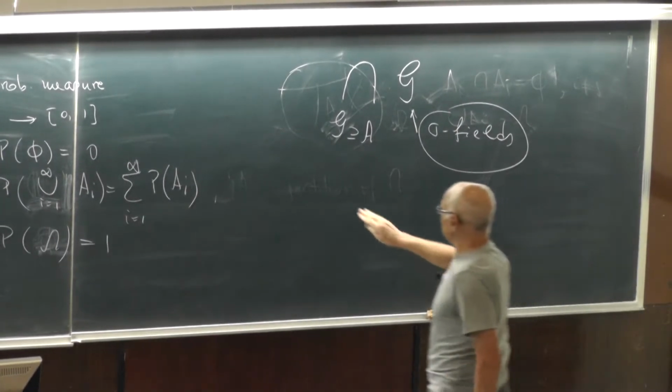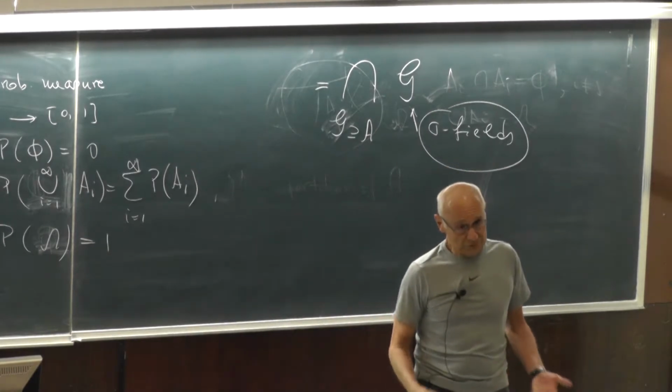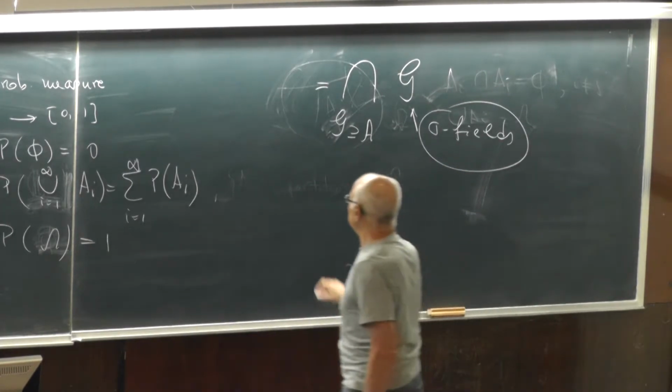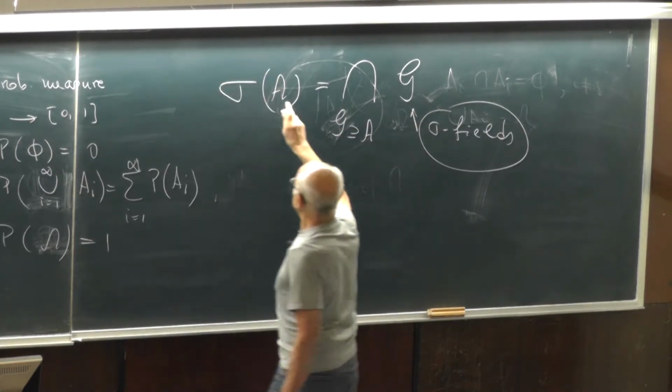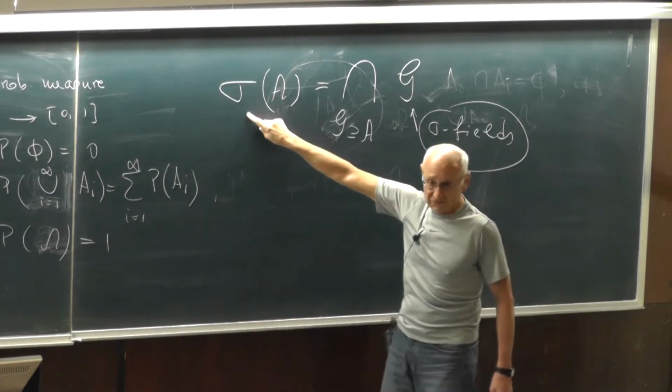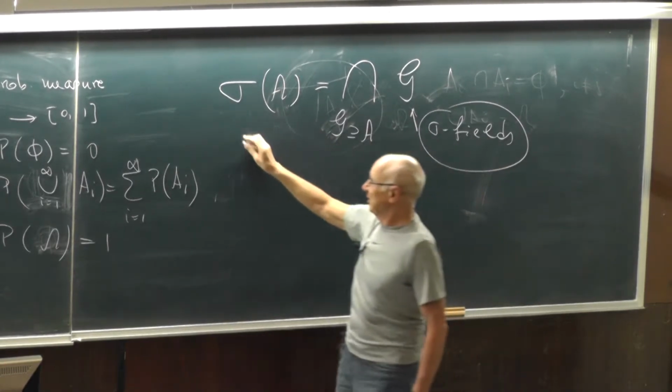What I'm claiming, and we are going to show this afternoon, is that what you get is a sigma field, and we are going to denote it by sigma of A, to indicate that it's the sigma field generated by A. So it's simply called this way.